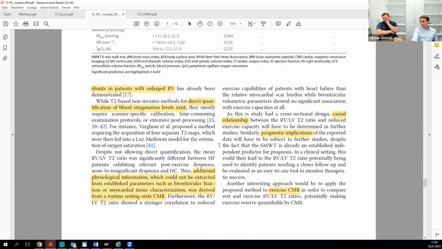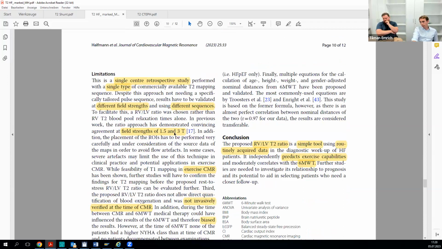And all the CMRs were performed at 3 Tesla, and it is probably needed that we have more field strength as well. But the initial study that Tilman touched on in the beginning was performed on both 1.5 and 3 Tesla. So there is an indication that it works on both field strengths, but obviously that needs further validation.